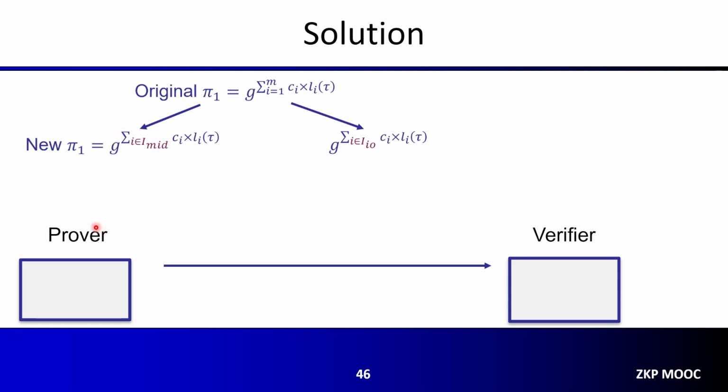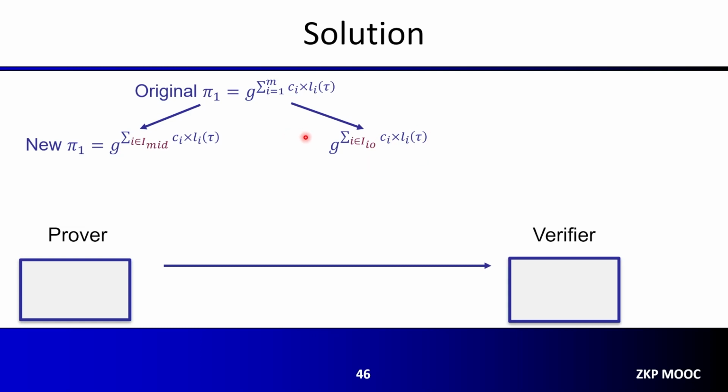And then the prover is going to compute a new pi1 as g to the power of the summation over this set I_mid, ci times li(tau), instead of summing over i equals 1 to n. Then we have a second component, which are the public values known by the verifier. I call it I_io, standing for public input and public output. Then the verifier can compute g to the power of the summation over i in I_io, ci times li(tau).